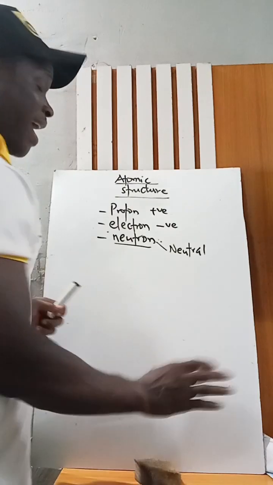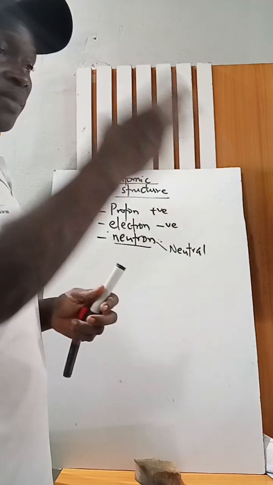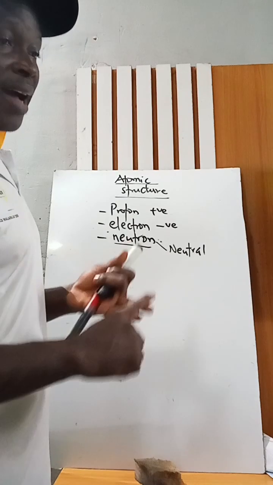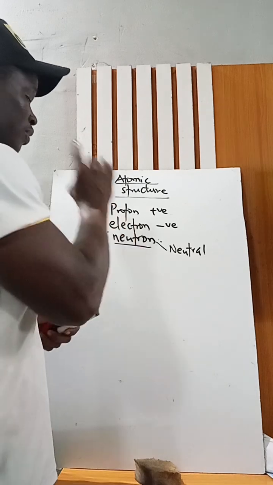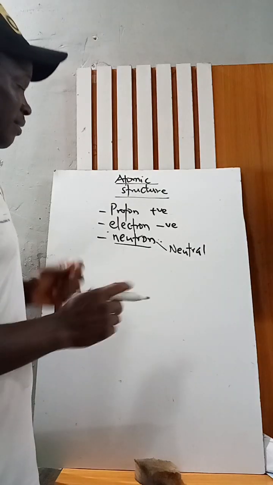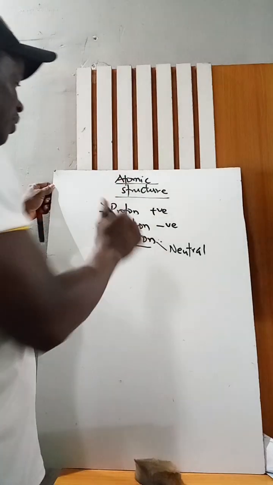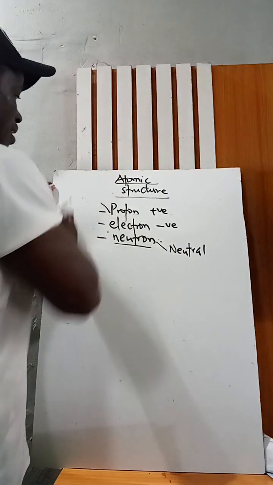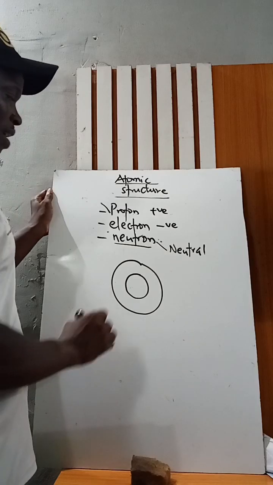All right, where are they found inside an atom? Remember I said atom has two parts: the nucleus, the inner part, and the shell, the outer part. So where is proton found? Proton is usually found inside the nucleus of an atom.